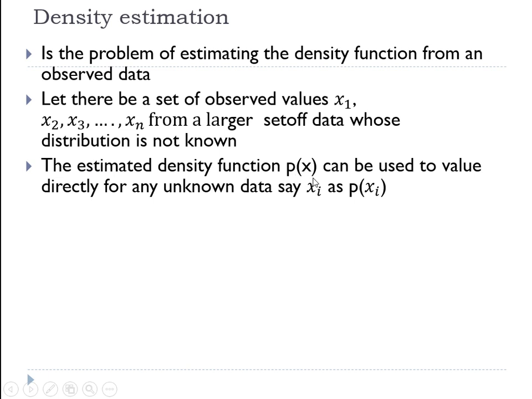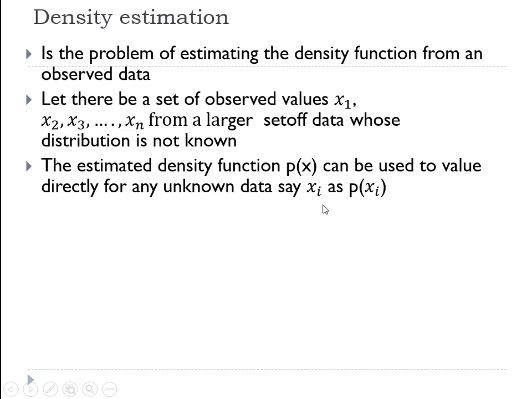So the estimated density function, let's call that P of x. That's what we said in the example: P of glucose in presence of diabetes, P of glucose in absence of diabetes. Those were the density estimates we did. So basically P here is the estimated density function that can be used directly for any unknown data.